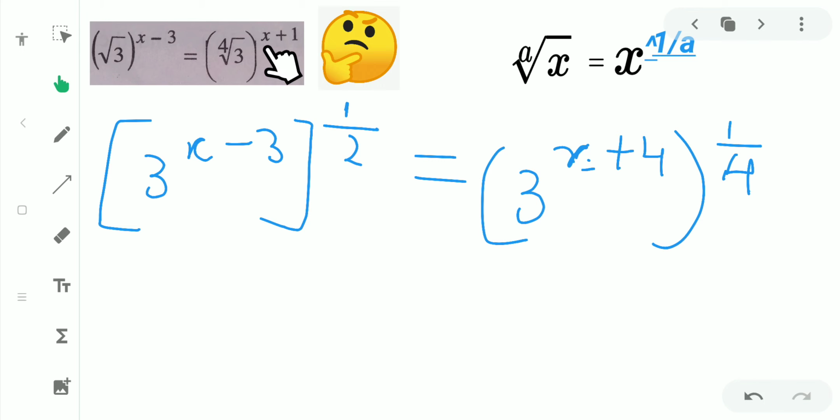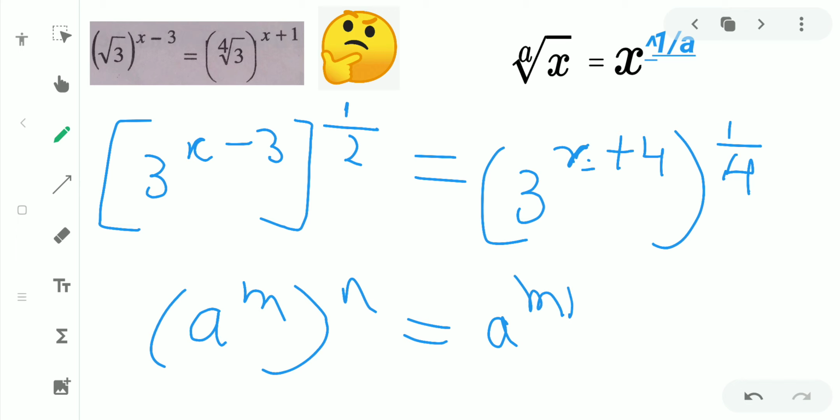So I will have 3 power x plus 4 and 1 by 4, because here the 4 is given in the root. Now let us use the law a power m whole power n is equal to a power mn.